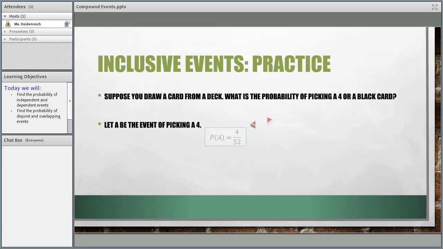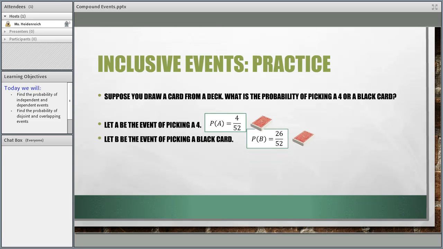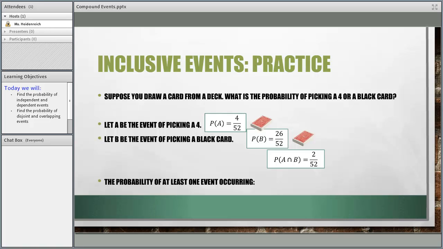Okay, I'm going to put up the event of picking a 4. So the probability of picking a 4 is just 4 out of 52. And of course, half of the deck is black, so 26 out of 52. We do have an intersection, though, of 2 black 4s.